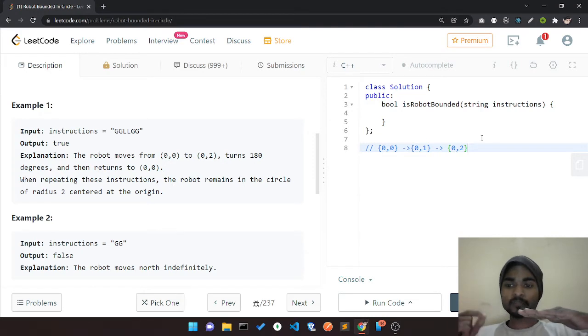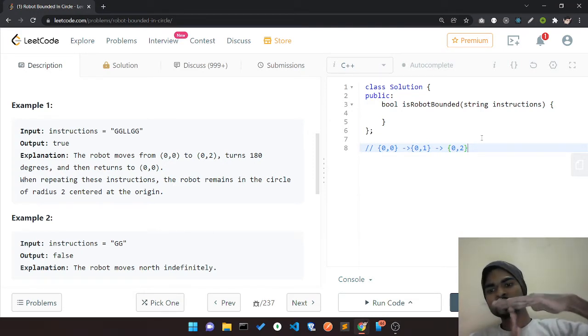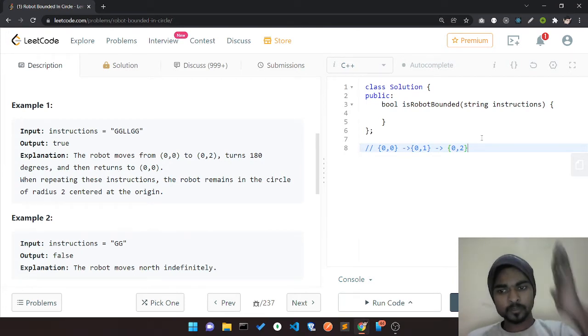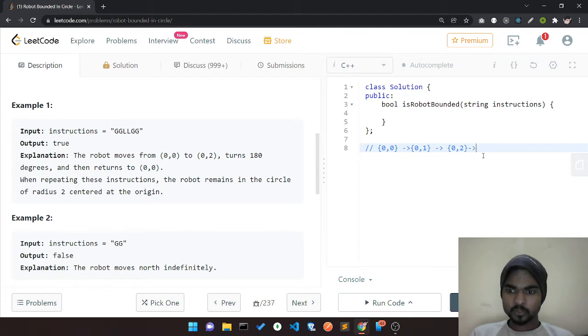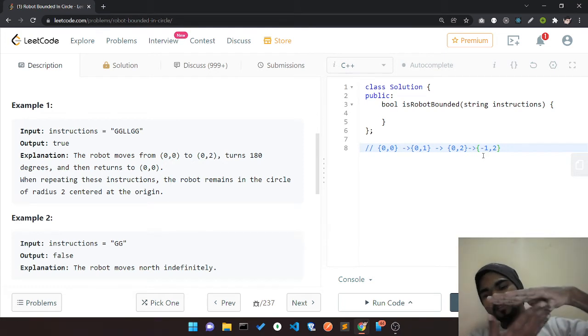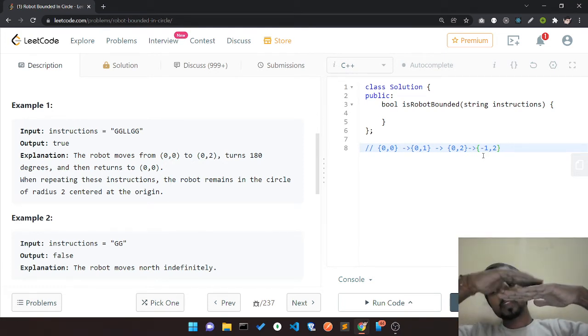If I call left, it means the left of the robot, so it goes upward.